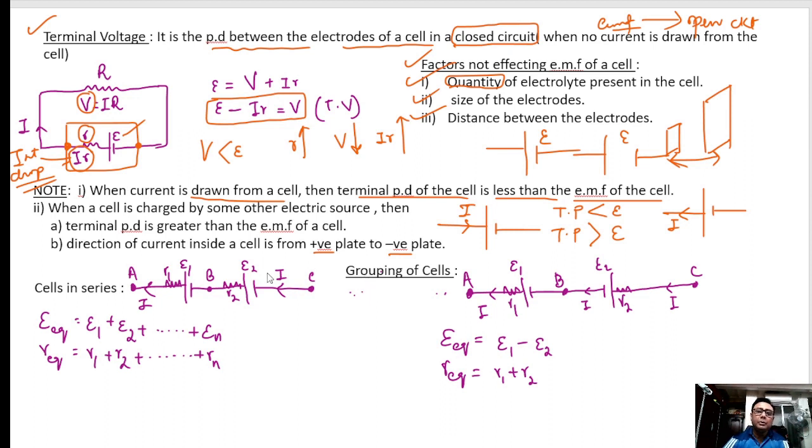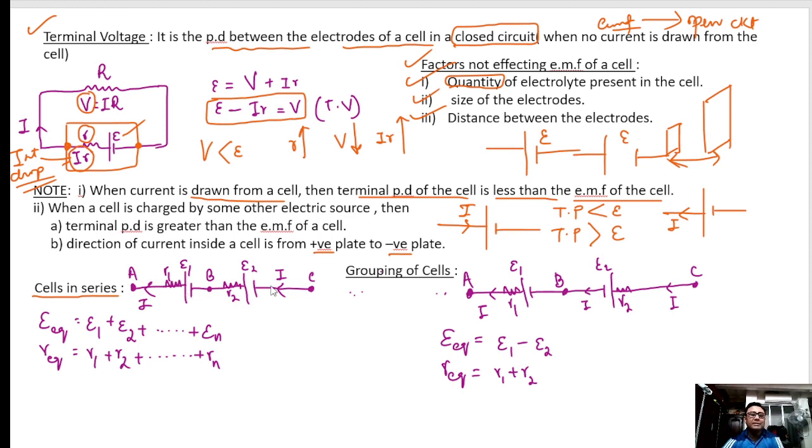Now a very important topic. See, when we connect many cells in series, suppose we have connected, watch the connection, positive, negative, positive, negative, and there is a current flowing through the cells. Internal resistance of this cell is r2 and this is r1.